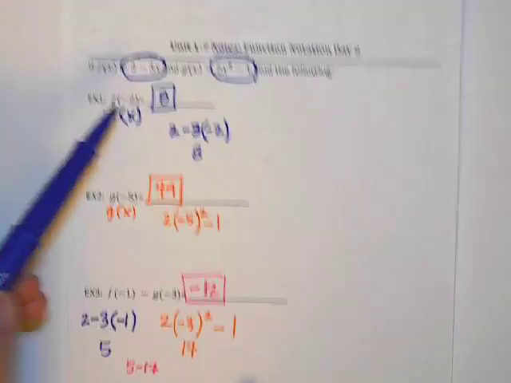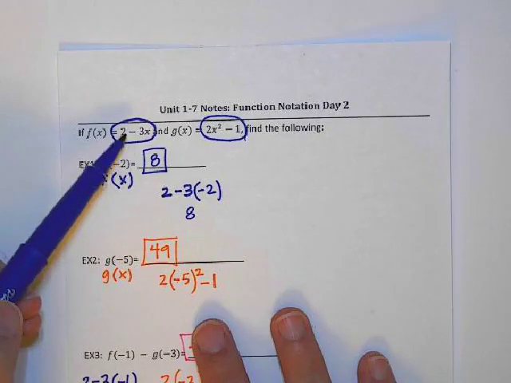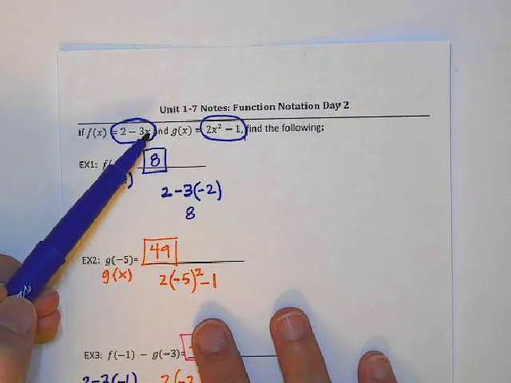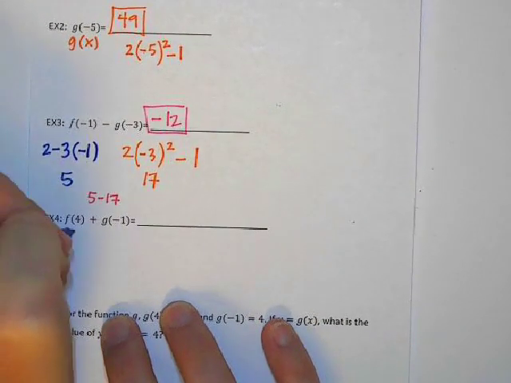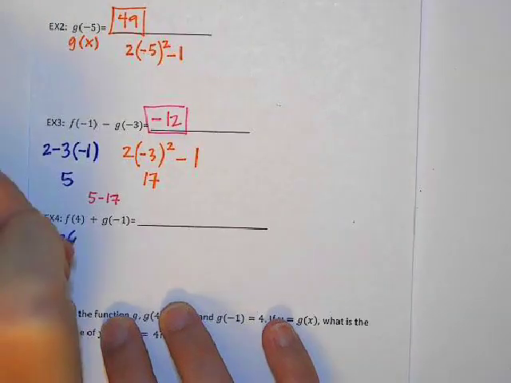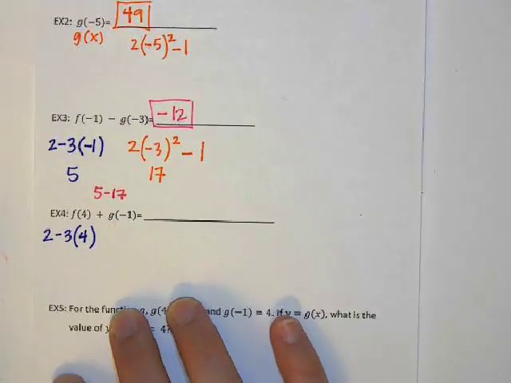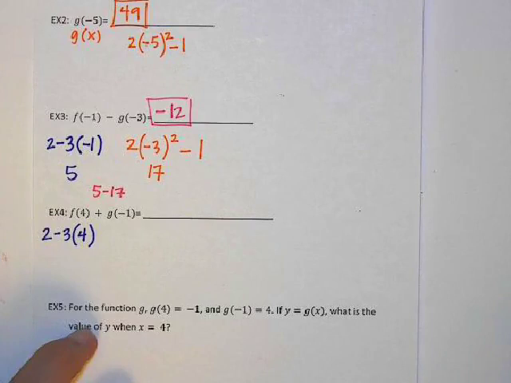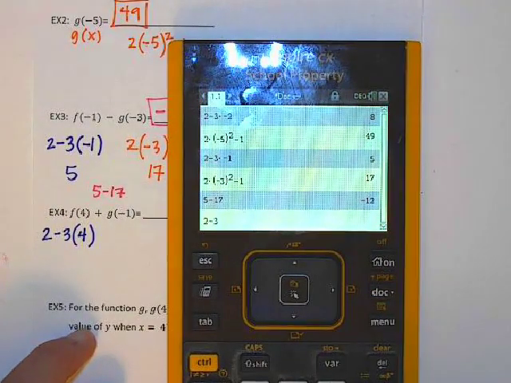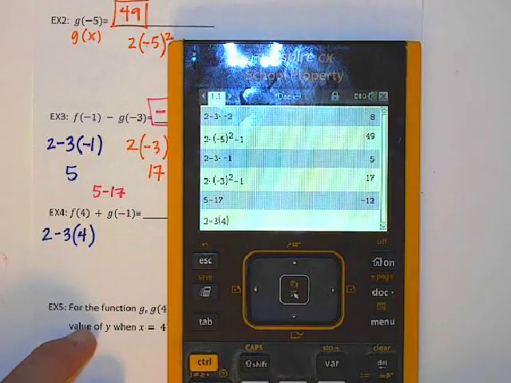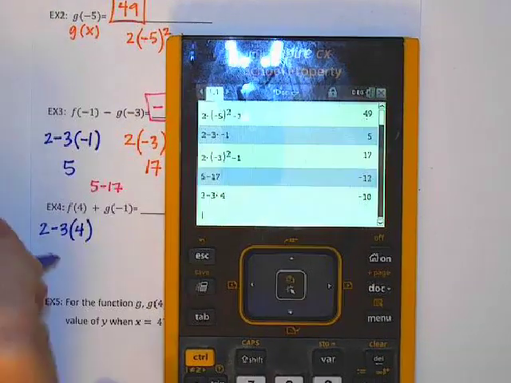I'm going to put 4 into my f equation here. Instead of writing x here, I'm going to put a 4 with its helmet on. So I'm going to say 2 minus 3 parentheses, put his helmet on him, and that's what I'm plugging in. So then I put that in the calculator: 2 minus 3 parentheses 4, which gives me -10.